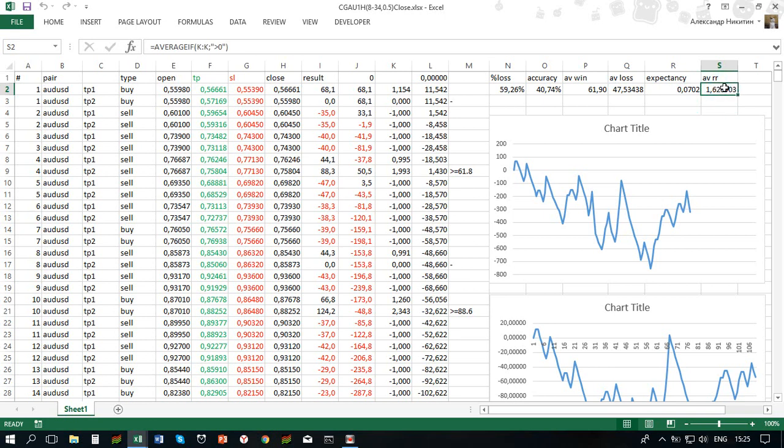So if you multiply the winner by 1.618, yes? You see the expectancy turns into 0.47. You can see it. Pretty cool. The expectancy of 0.47 is pretty cool. Although the expectancy of 0.07, well, it is almost break-even, but still it is positive.